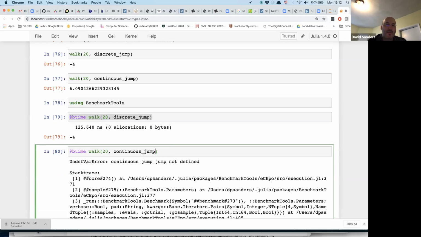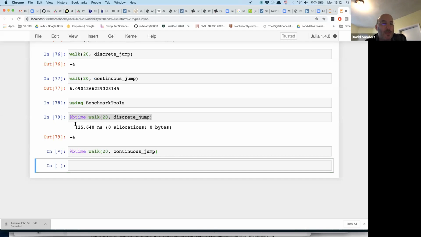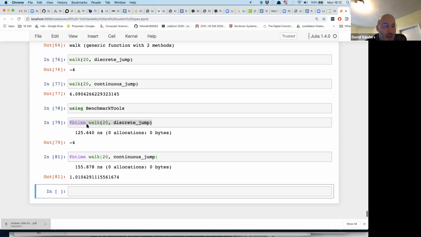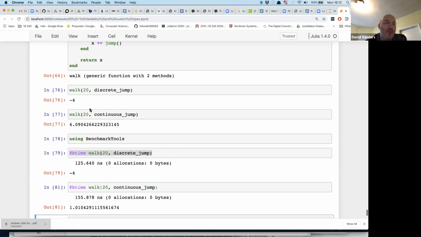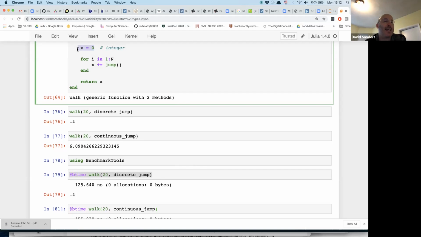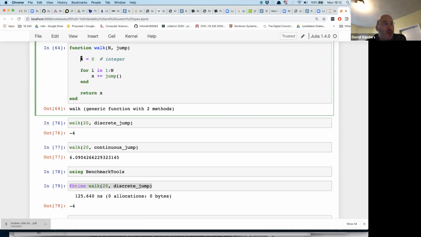The discrete one did 20 steps in 125 nanoseconds. That's really fast. The continuous one took a bit longer. So I'm not sure if that took longer because adding floating point numbers is more expensive, or because this x is actually changing type. Basically in Julia, to get good performance, you do not want things to change type.